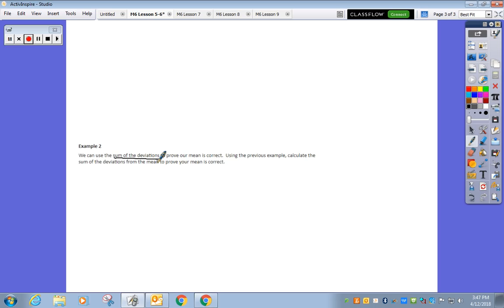A deviation is taking each number from the set minus the mean. So it's how far each number is from the mean. Okay, so you take the number from the data set and subtract the mean from it. Okay, and then the piece of it that says sum means we're going to add all of our deviations together.